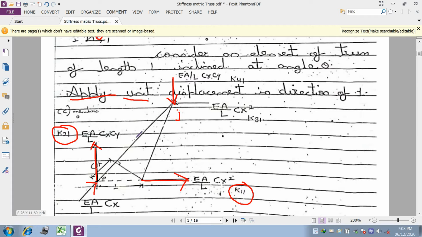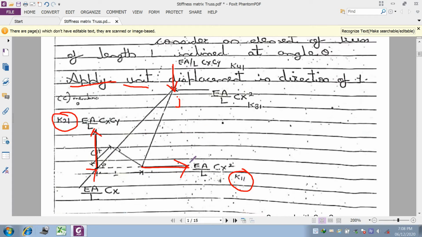That is, the member will be in equilibrium. Again here it will be EA by L CX square, but the force was acting in the rightward direction, so we apply the force in the leftward direction here. So the summation of these two forces becomes 0. Okay, so here it will be EA by L CX square.